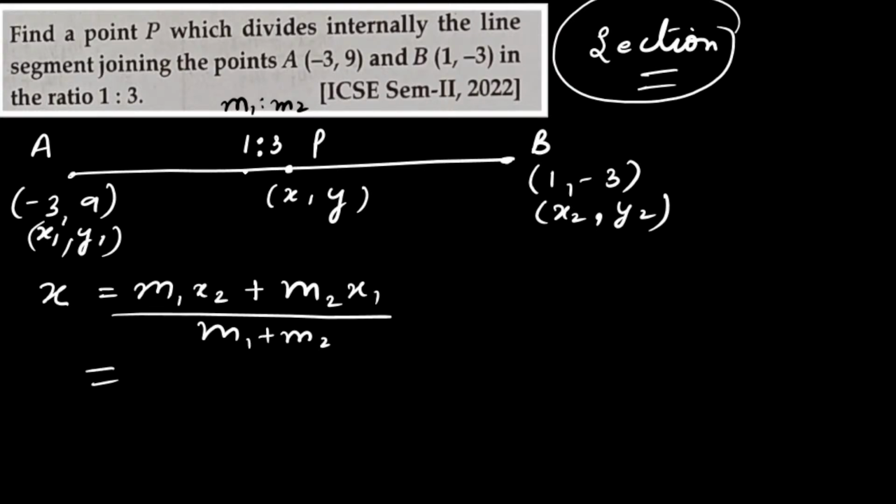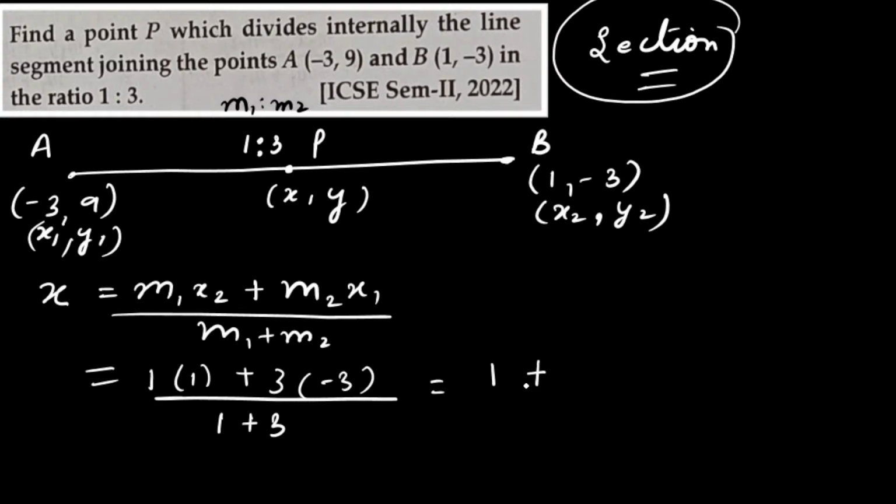So M1 value is 1. That's why I have written it here, so that by substituting it will be very easy for us. So x2 is 1, plus M2 is 3, x1 is -3, by M1 plus M2. M1 is 1, M2 is 3. So 1 into 1 is 1 plus 3 into -3 is -9, by 4.